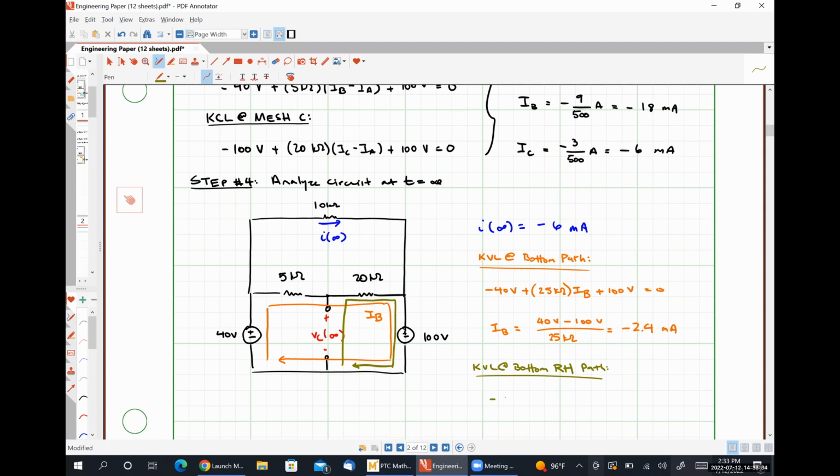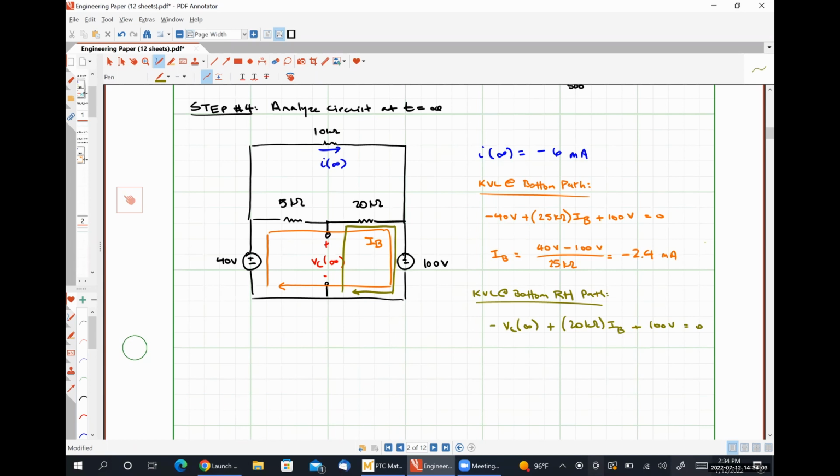And I'm going to have negative VC at infinity will be equal to, sorry, getting ahead of myself, negative VC at infinity plus 20 kilo ohms times IB plus 100 volts is equal to 0, sorry.